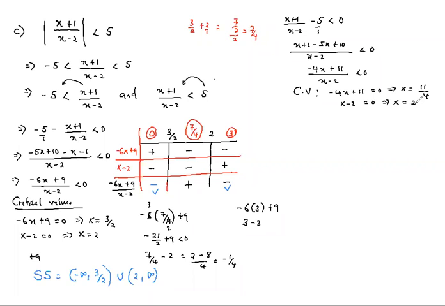So we make a table again. So we have 2, we have 11/4. So we draw our lines. Here I'll put negative 4x plus 11, and here I'll put x minus 2. And then we'll have negative 4x plus 11 over x minus 2.